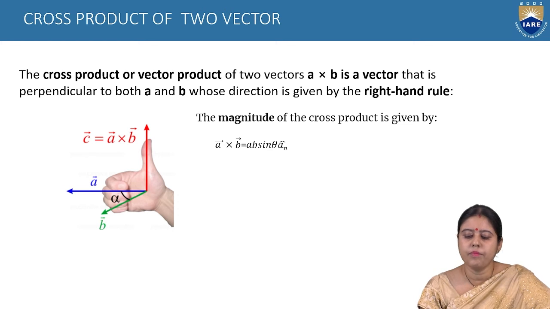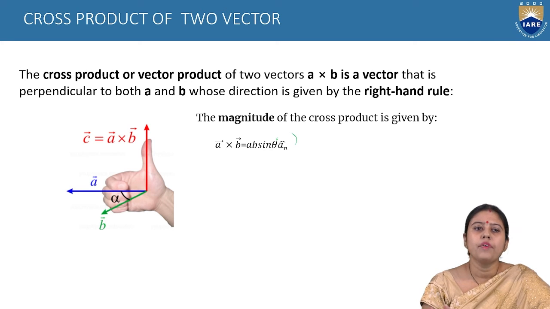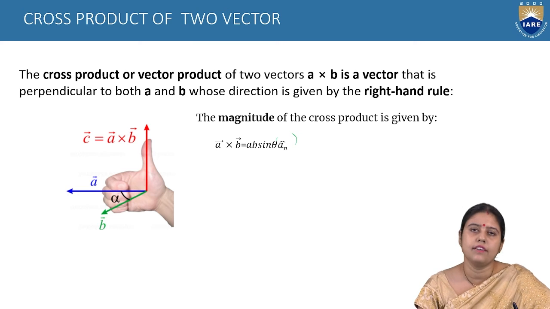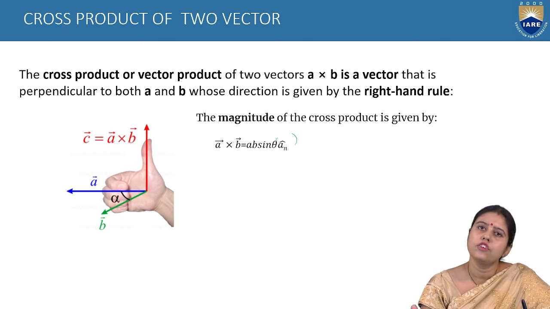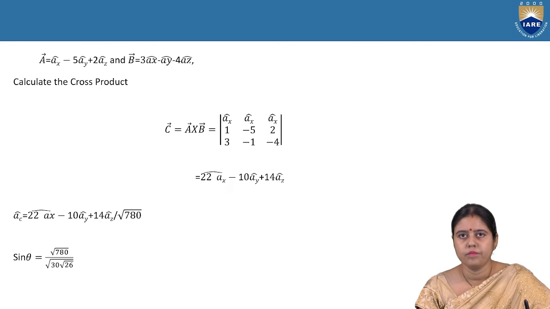So A cross B means AB sin theta into AN. AN means if the two vectors are in one plane, the resultant vector will be in the plane perpendicular to that. It always follows the right hand screw rule.